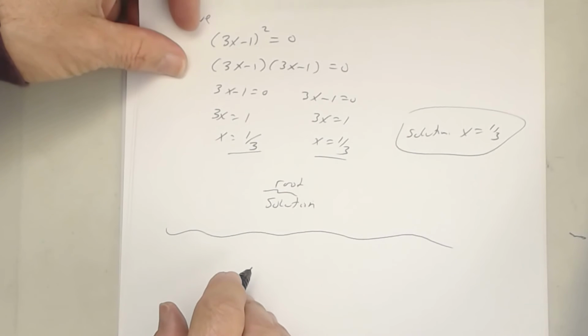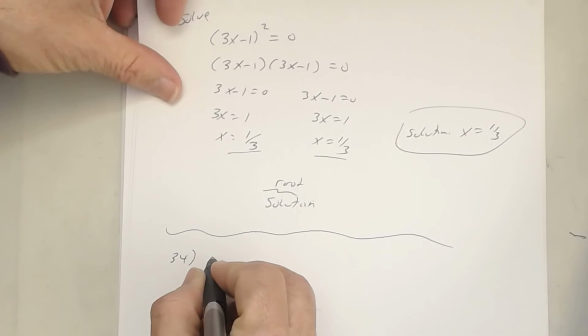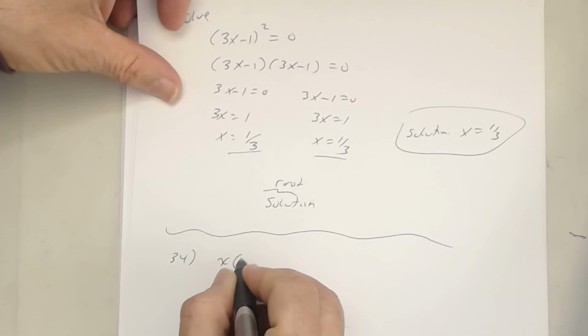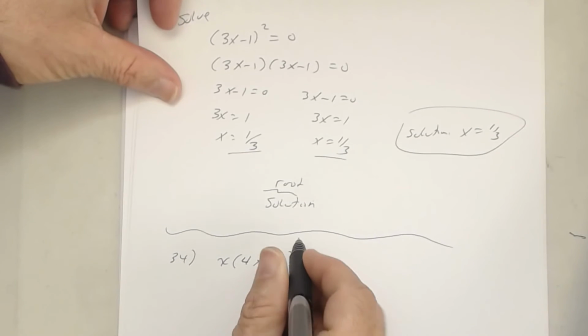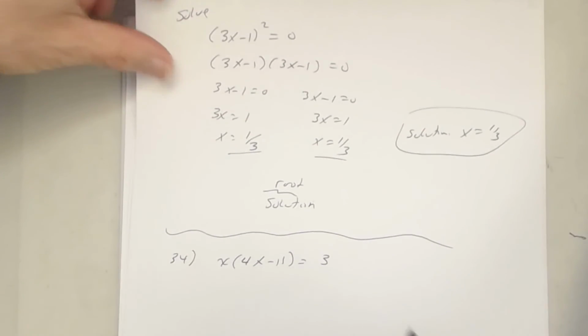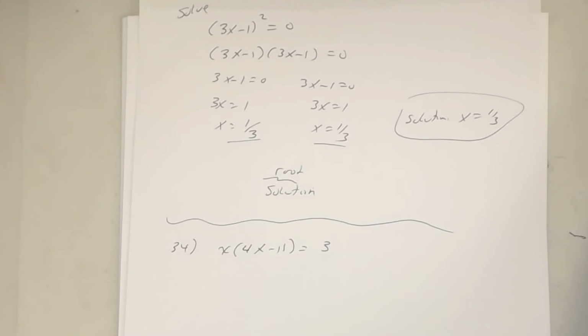This is number 34. You have x times 4x minus 11 equal 3. All right.